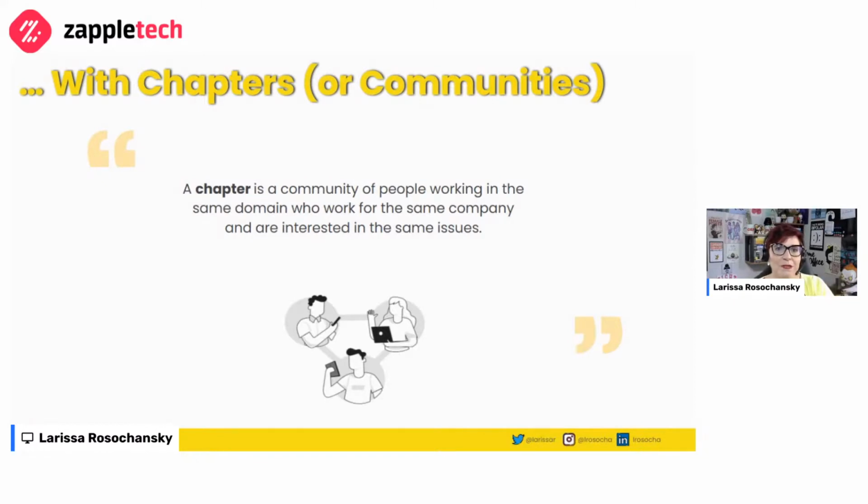Here I'm talking about chapters for quality engineering, but it's really important for all of us to understand that a chapter of practice, a community of practice, can be built for anything. We can build a chapter for quality engineering, for automation, for architecture, for project managers, for agile.